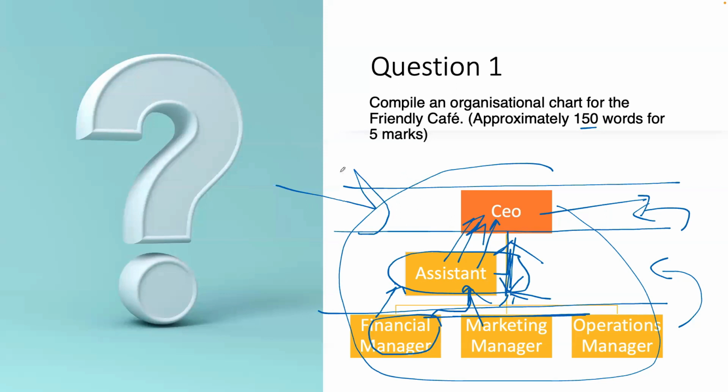I've even suggested to students to draw it on a piece of paper, take a picture of it and then put the picture into your document. That can also work. I'm fine with whichever way you work it, as long as I can see what the organizational chart looks like. This is the relationship between the different people mentioned in the case study. All right, makes sense?